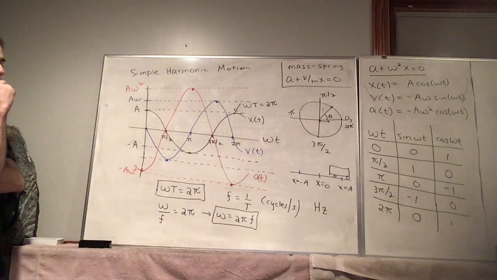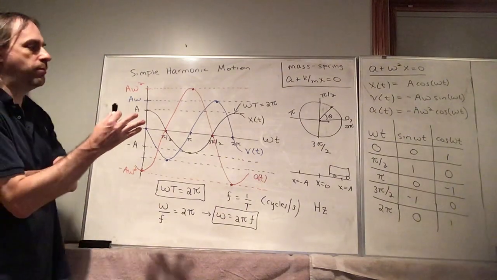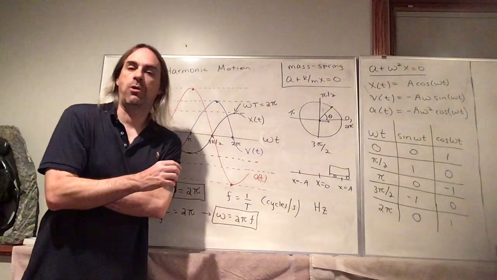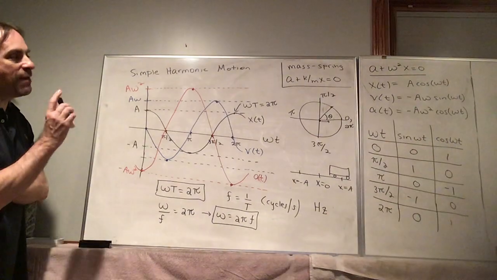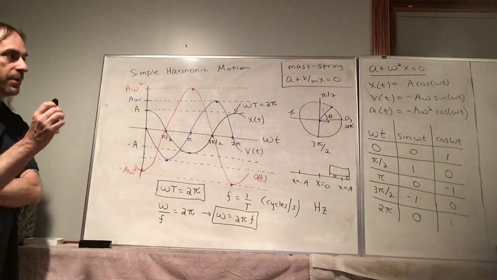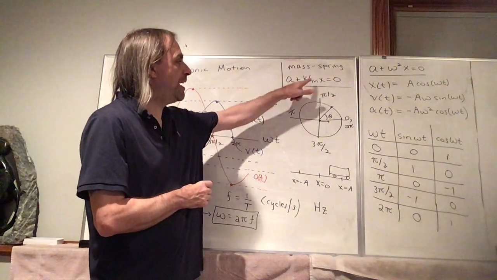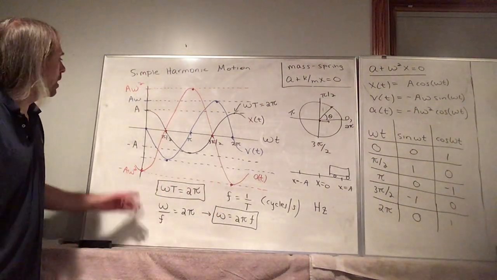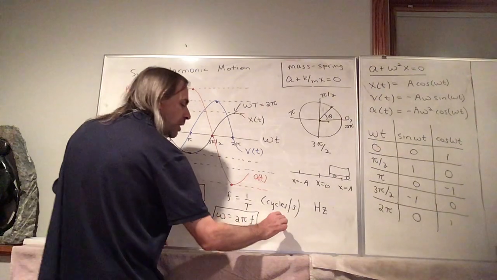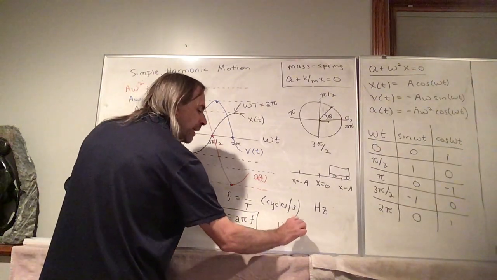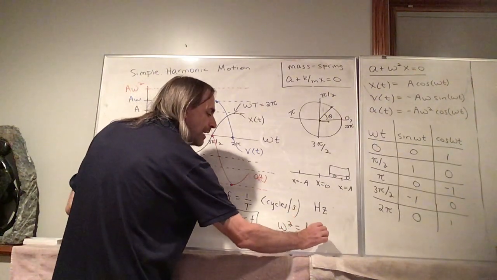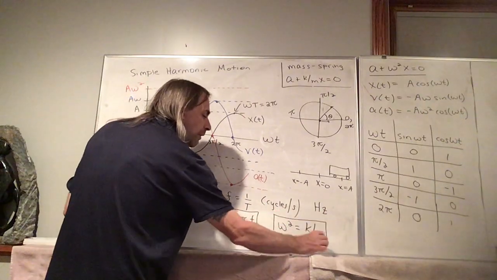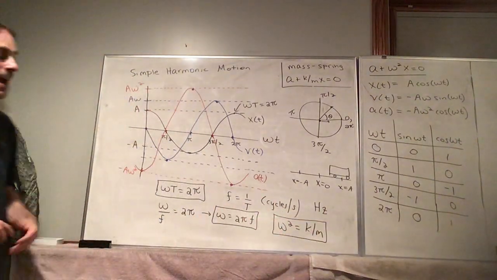Now, just a quick review of, we'll do a very detailed problem, but now if we have a mass spring system, given the spring constant and the mass, we can find omega. I think I erased that. Let's put a box around that as well. For a mass spring system, we know that omega squared is k over m.